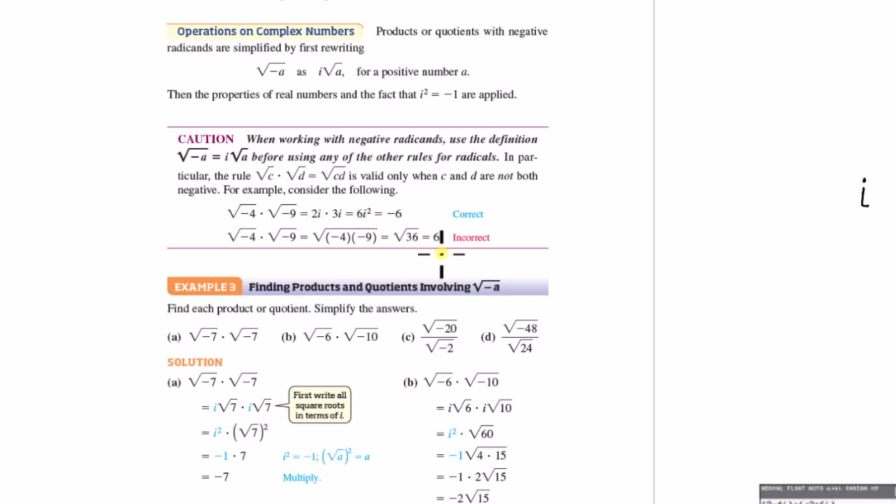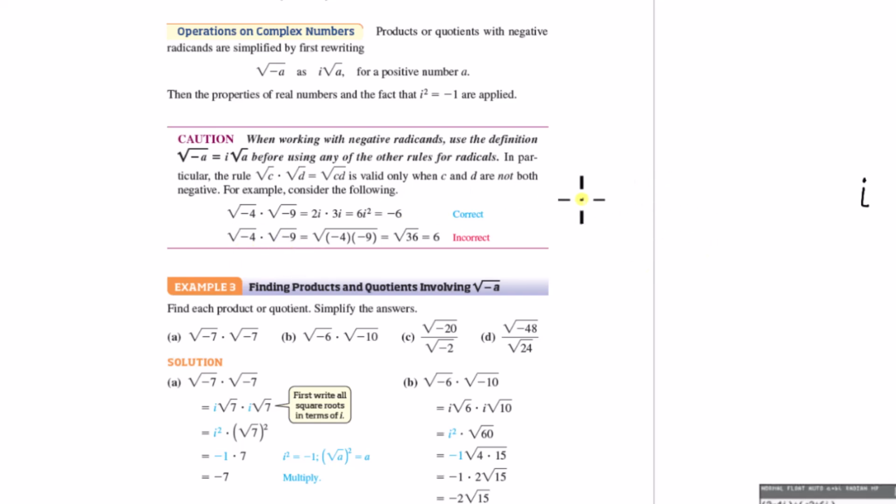That's incorrect. And the reason why it's incorrect, you can think about, is that since you multiplied those minus 1s, you kind of defeated the whole purpose of why we defined i in the first place.